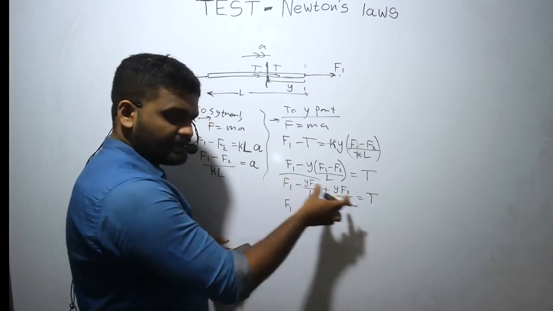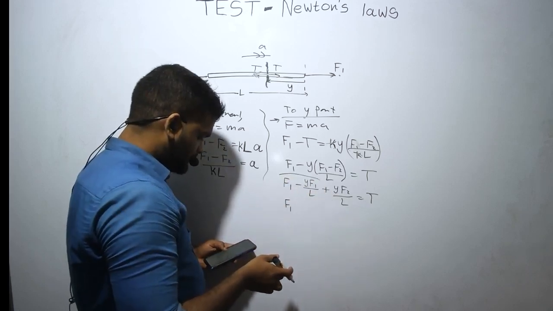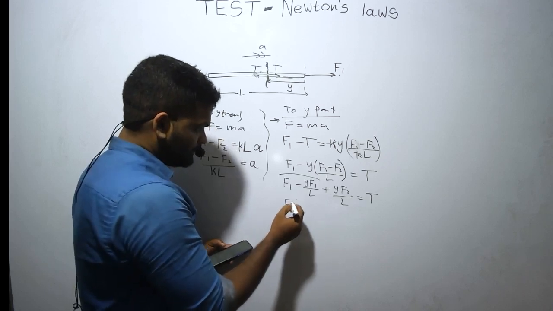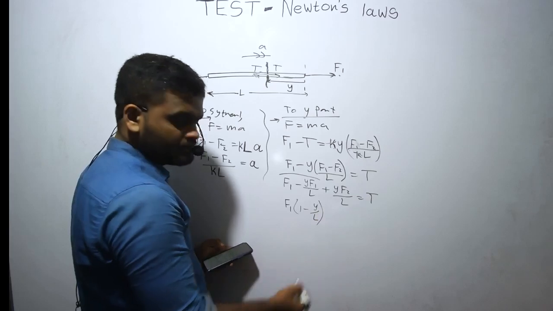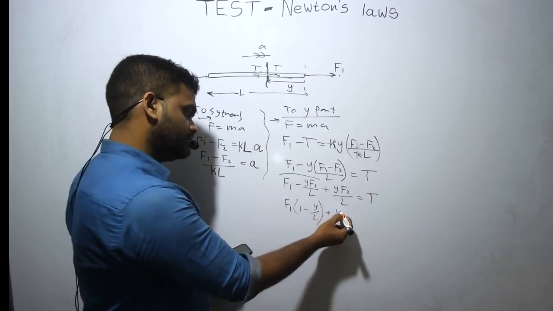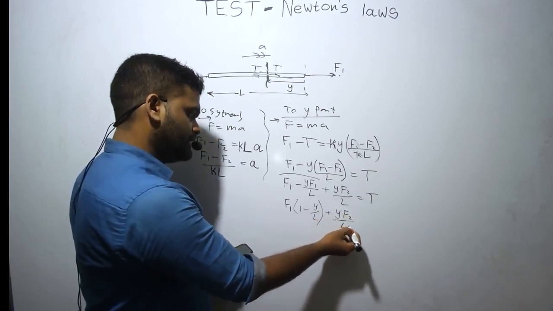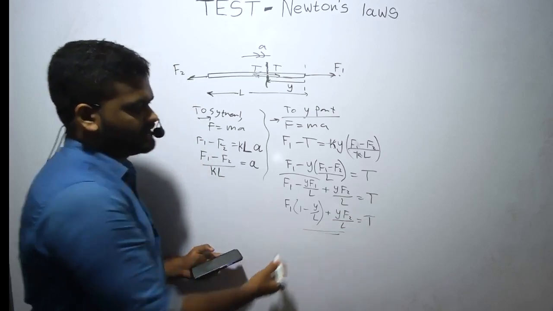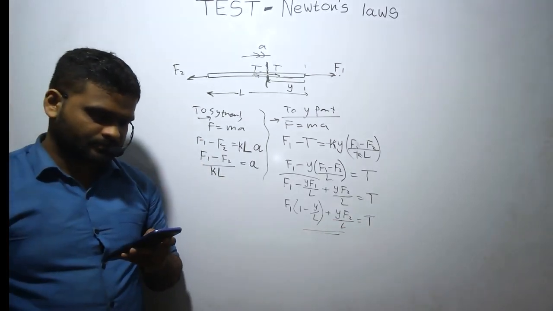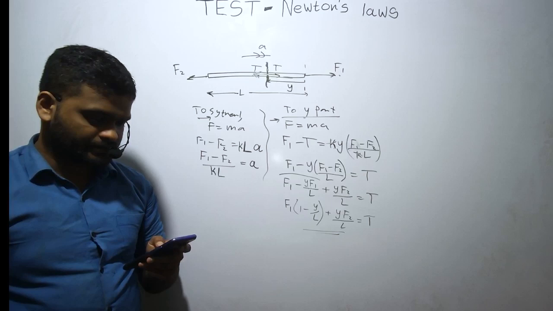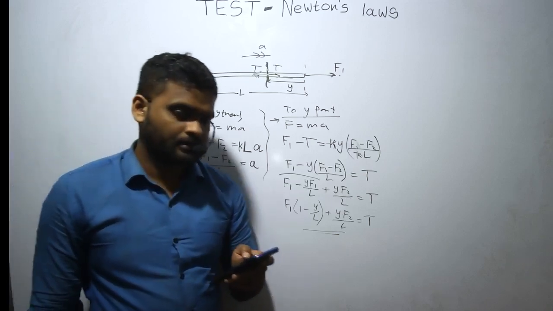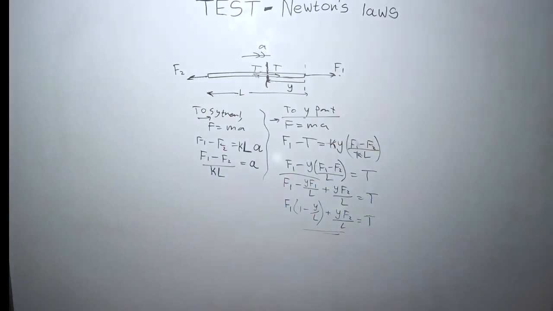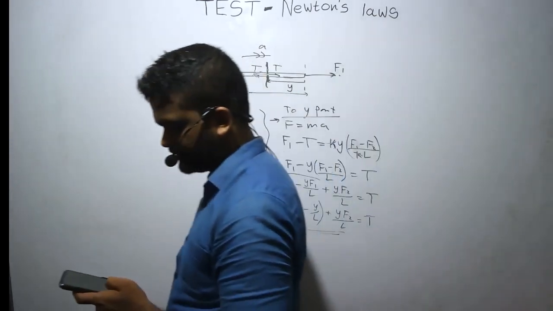You have to separate F1 and F2. When you take F1 out of these two, it becomes 1 minus y over L, plus y F2 divided by L. So this is the expression for tension. So the answer should be what? Is it the first one? Yeah, the answer is the first one, right?